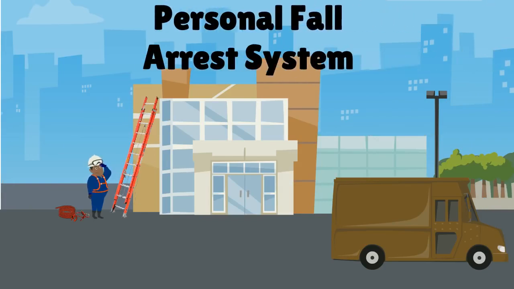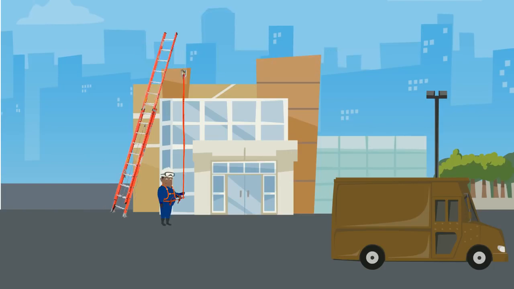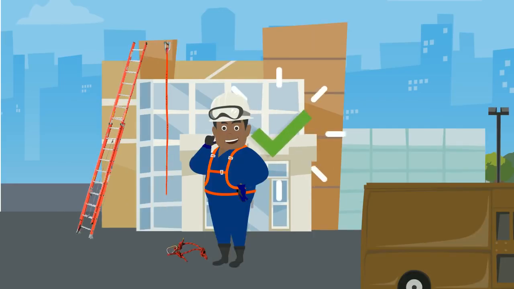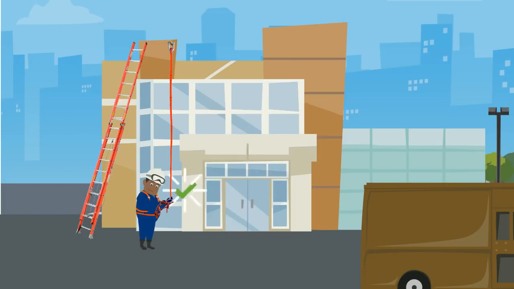One way to prevent falls is to use a personal fall arrest system. It anchors or ties the worker to a fixed object through the use of a safety harness, which is worn by the technician. A lanyard, lifeline, or deceleration device connects the safety harness to a fixed object and an anchor point.